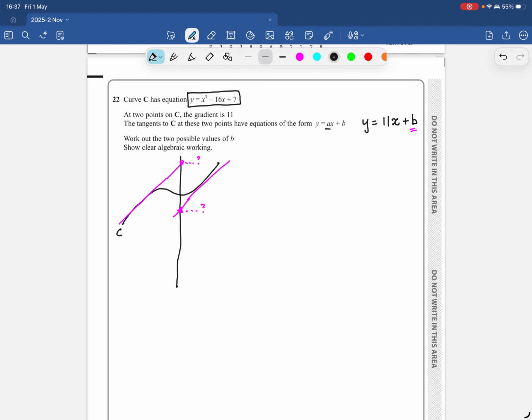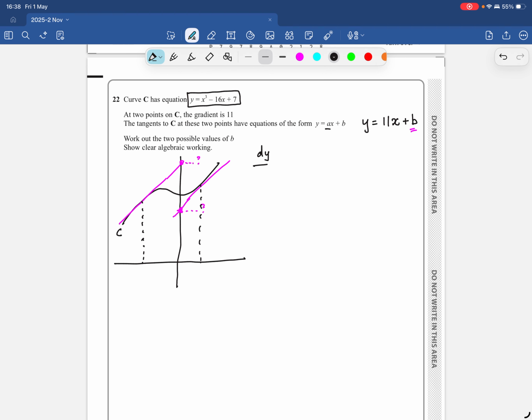So if we differentiate this function and then solve it for 11, then we're going to find the x's that correspond, here's our x-axis, the x's that correspond to here and here.